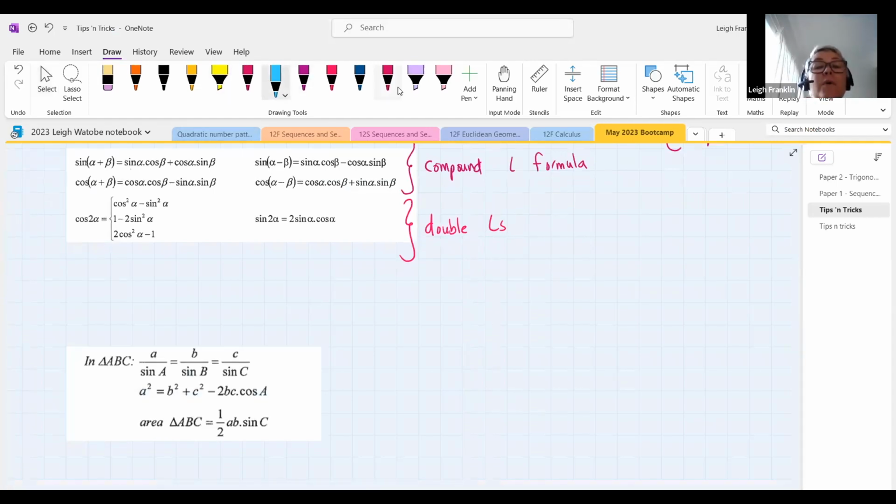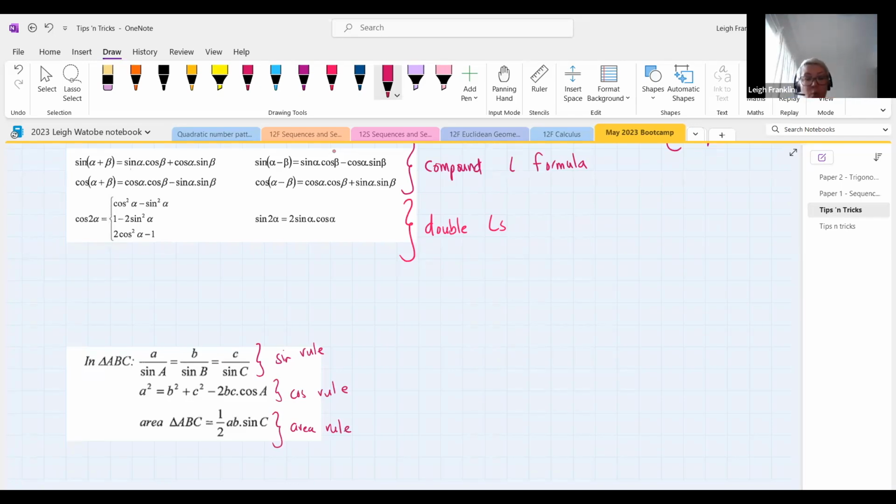So the first one over here, that's your sine rule. The second one over here, this is your cos rule. And the third one over here, that is your area rule.